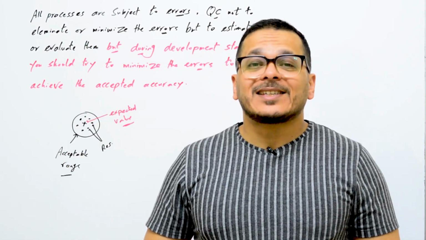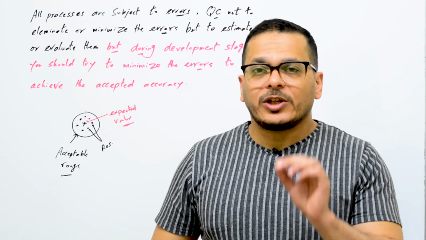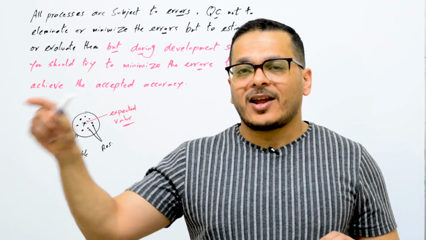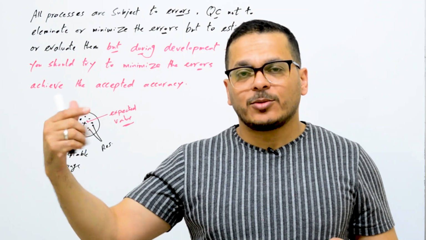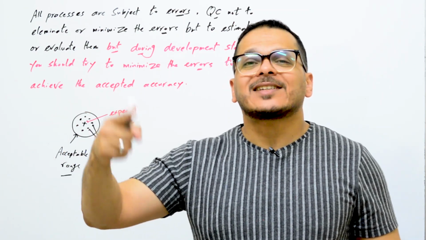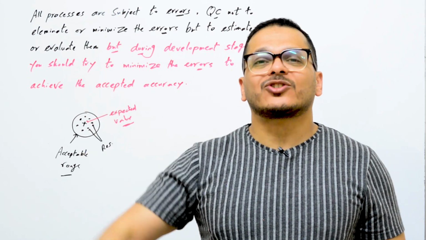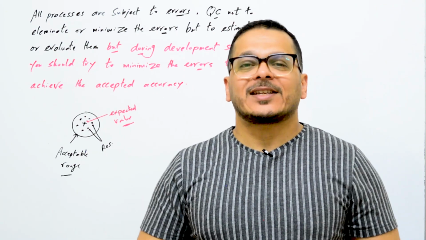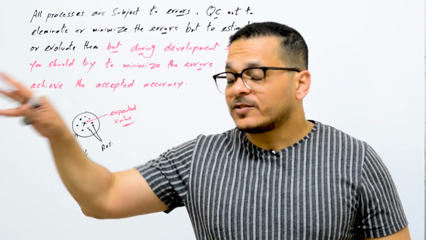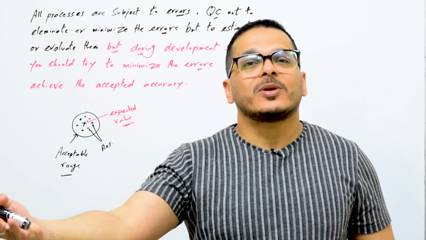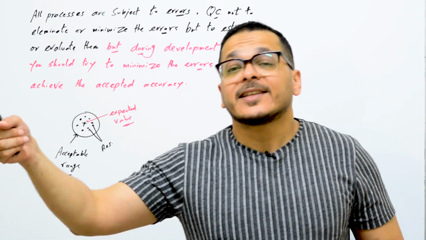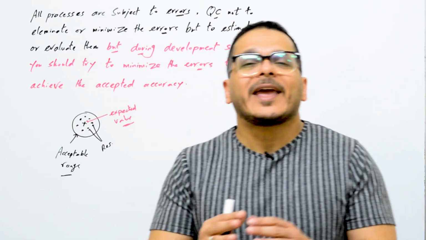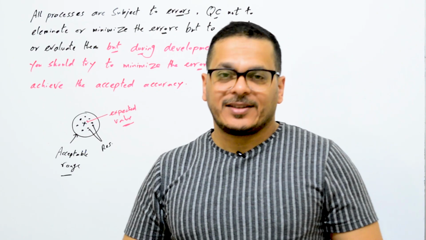In the development stage for any method, you should ensure that your method is valid to analyze the target analytes and provides you with valid results within an acceptable range. So you should try to eliminate or minimize the errors to be within this acceptable range. And after that, you will evaluate the performance of this method to ensure that. Then you will prepare the quality control procedures to evaluate or estimate the errors.